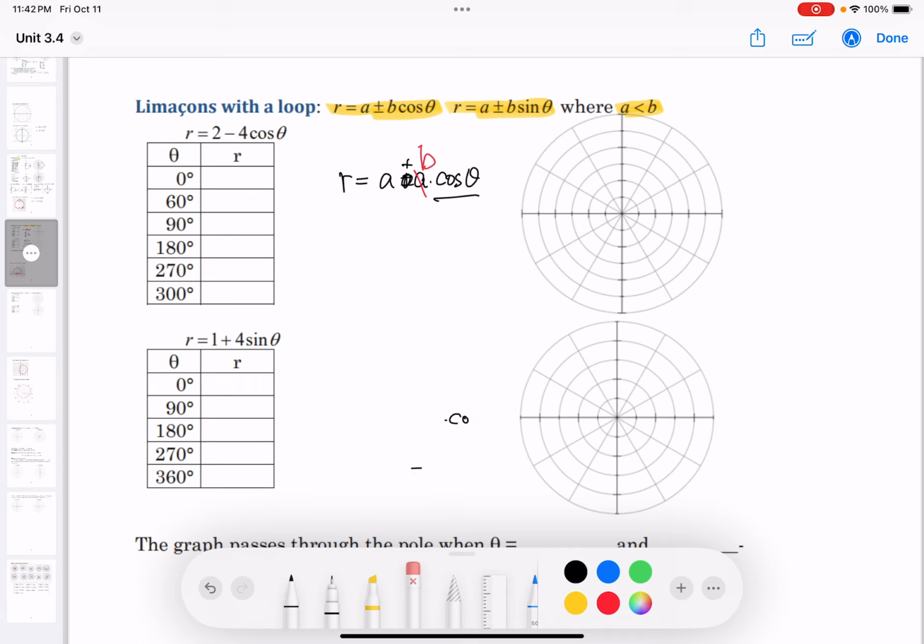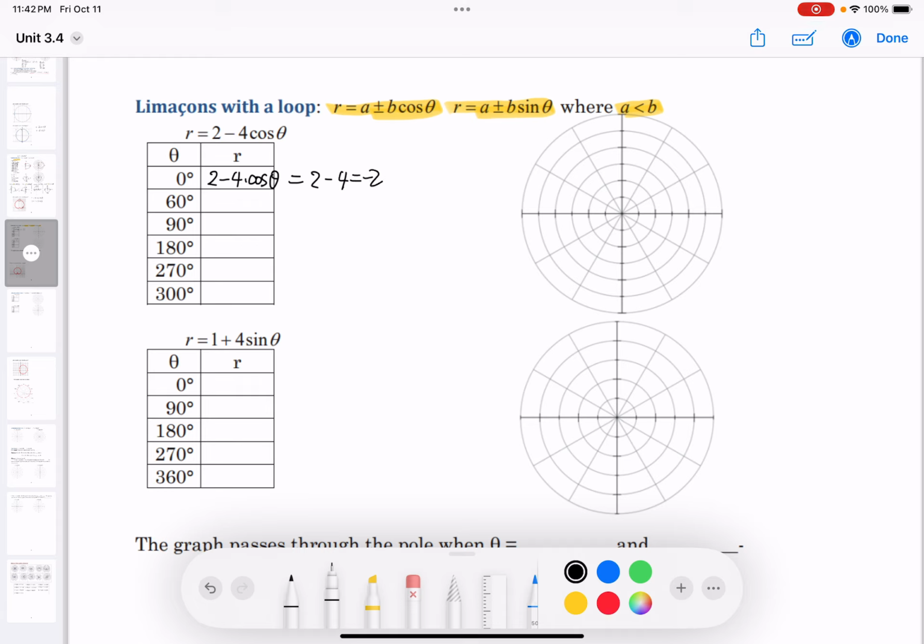Okay, let's see how to graph the equation without a calculator. We can find some points. First, when theta is equal to 0, we have 2 minus 4 times cosine 0, which is 1. We have 2 minus 4, which is negative 2.